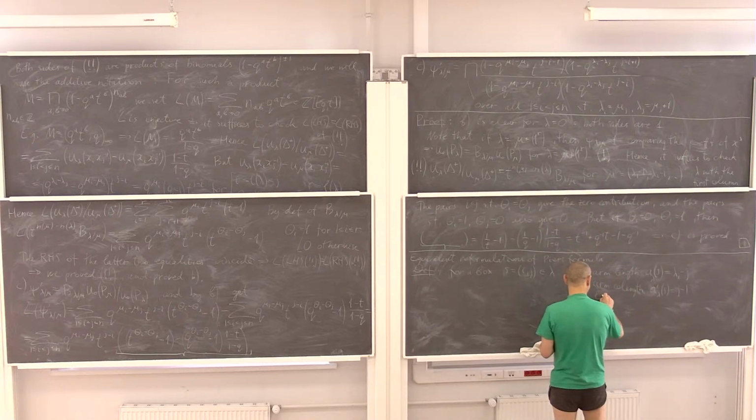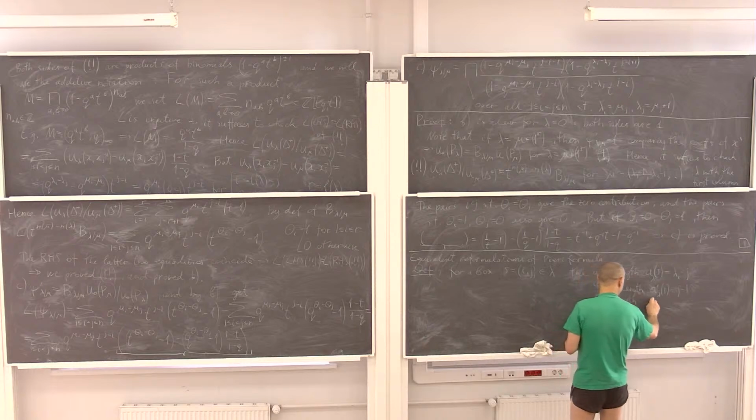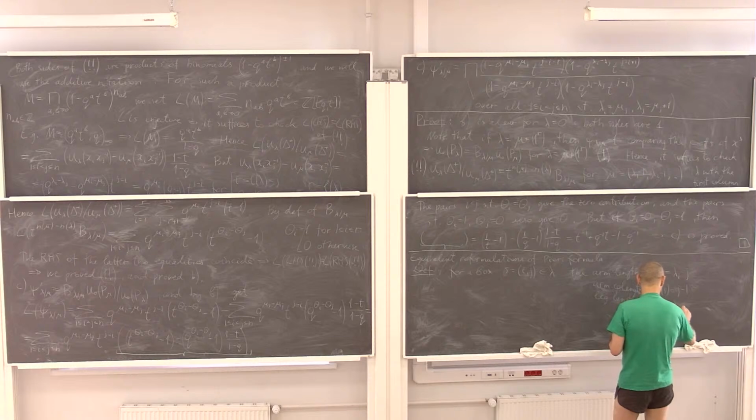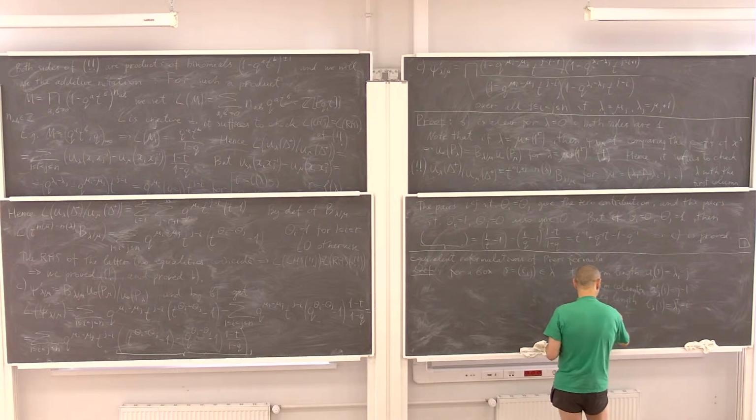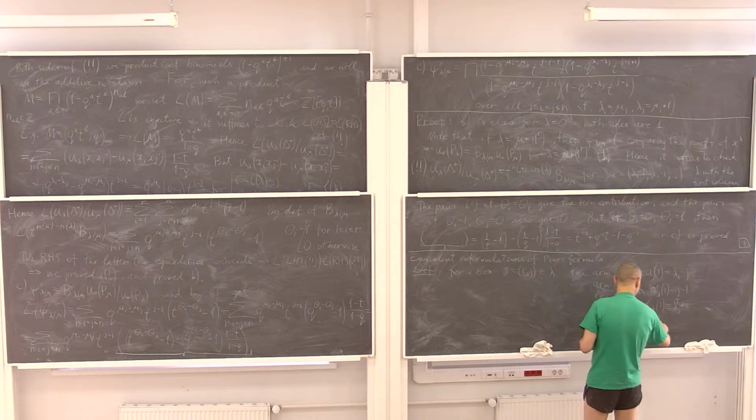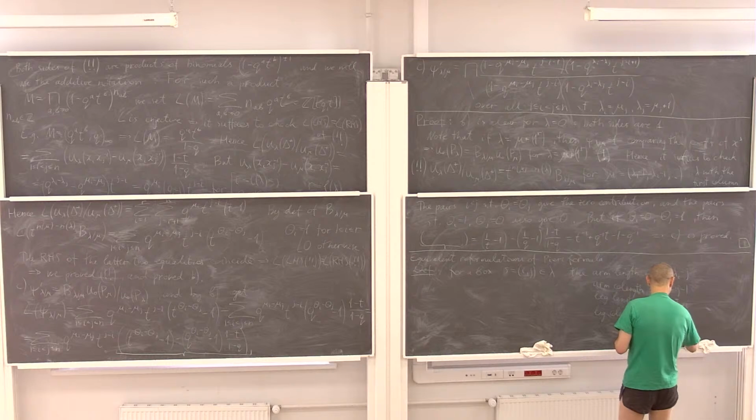The leg length L lambda of S is lambda j transposed minus i, and the leg colength L prime lambda of S is i minus 1.